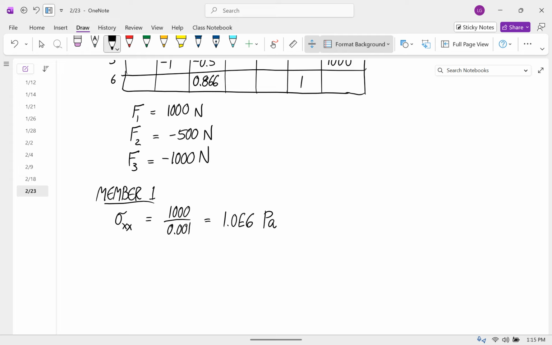If you did a stress tensor, it would just have this and zeros everywhere else, which means that tau max would just be half of this. So 0.5 times 10 to the 6 pascals.